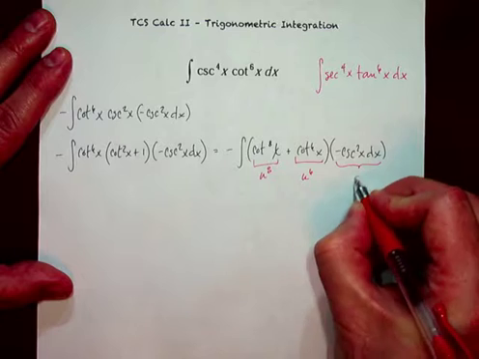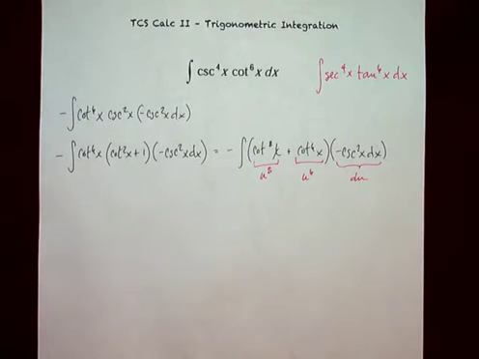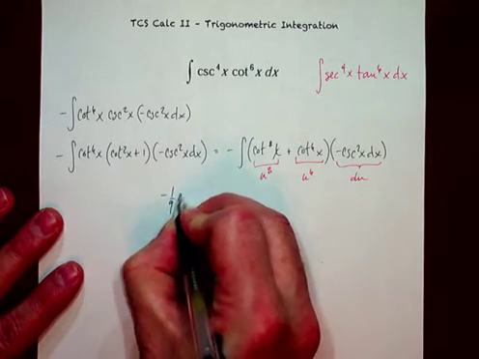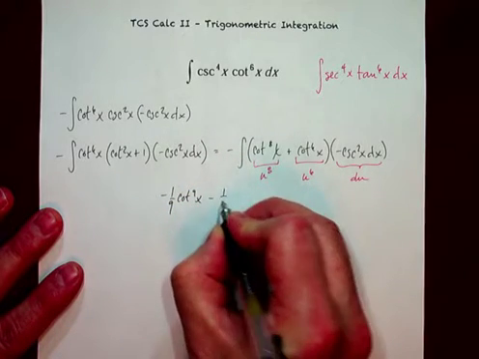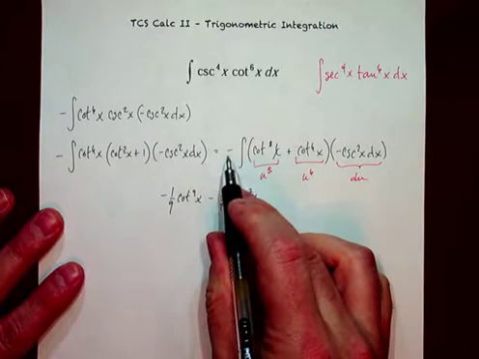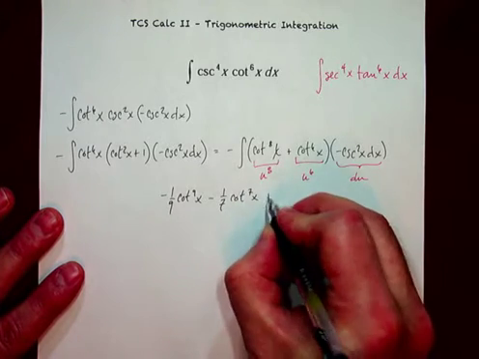And right here, this whole thing is my du. So I can integrate term by term, and I get negative 1/9 cotangent to the 9th x minus 1/7 cotangent to the 7th x, being mindful to distribute this negative to both of these terms, plus c.